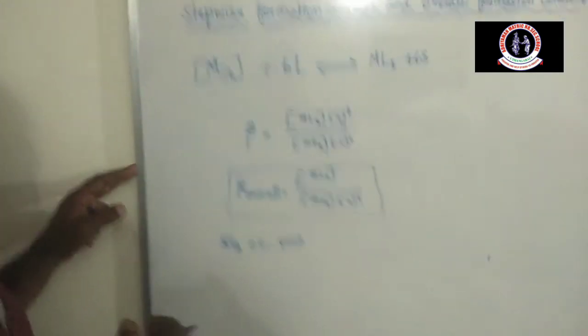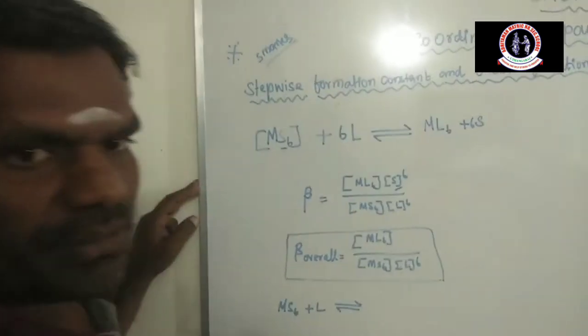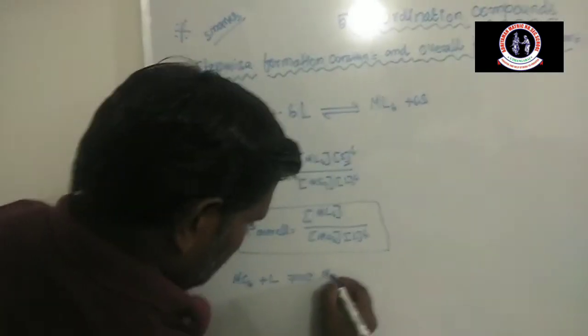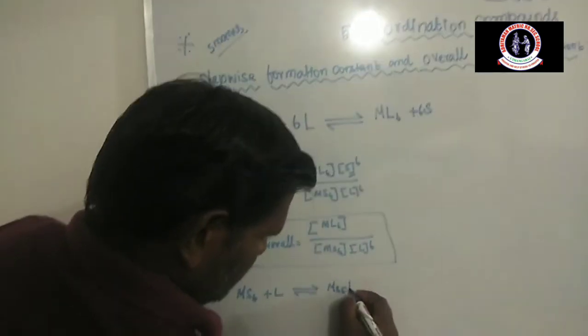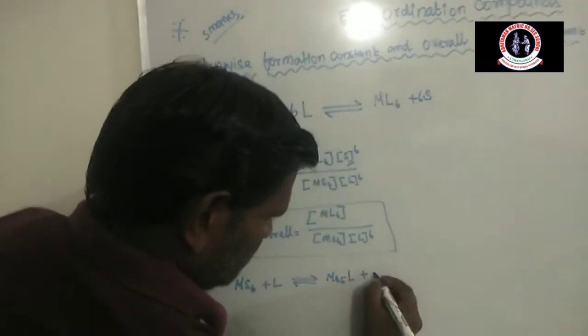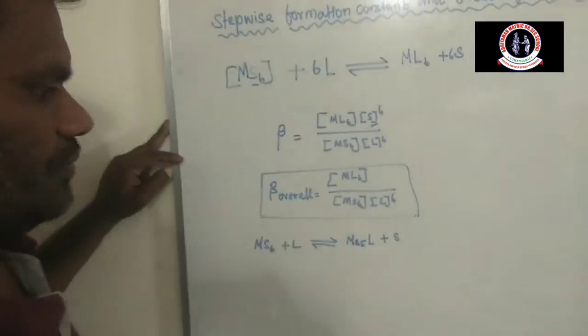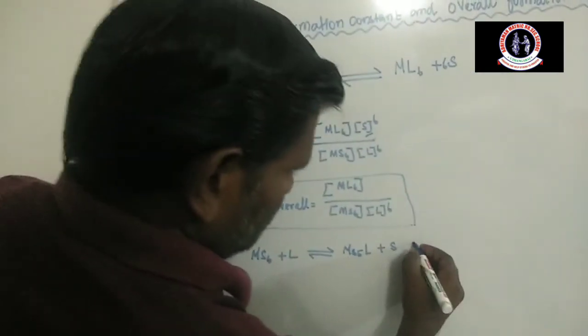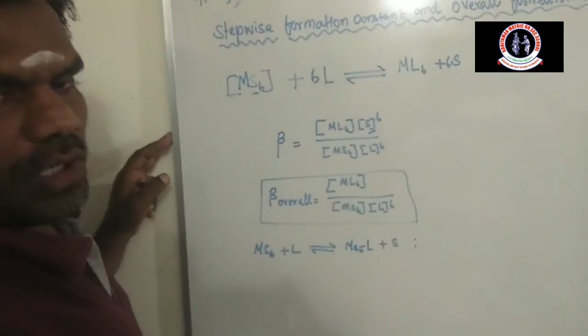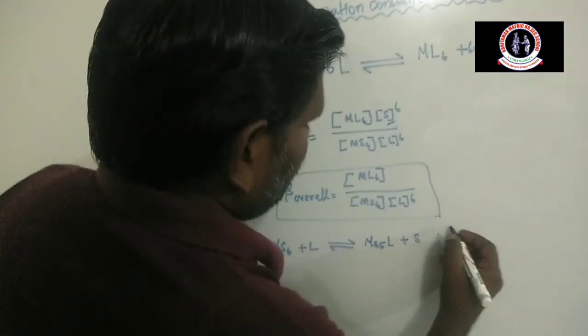L means ligand, S means solvent, M means metal ion. So we get MS5L plus S. How to write the stepwise formation?